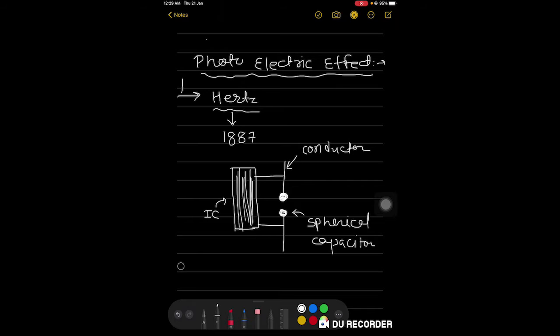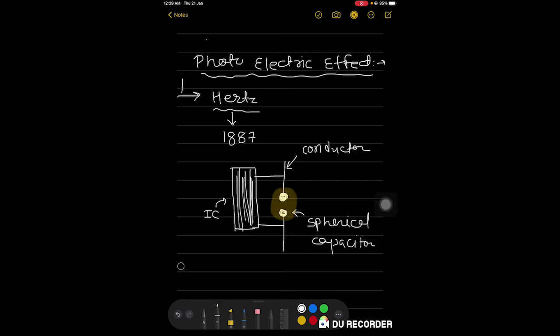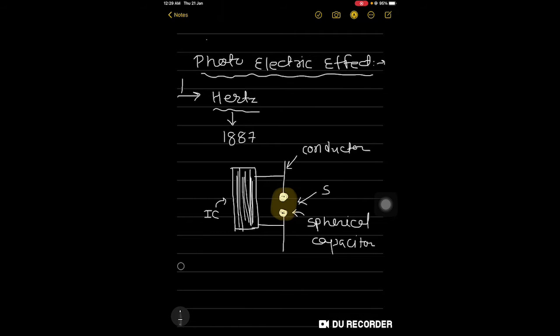Now in this region that I would like to show you, this region was called a spark gap. During the experiment the sparks were being produced in this spark gap.